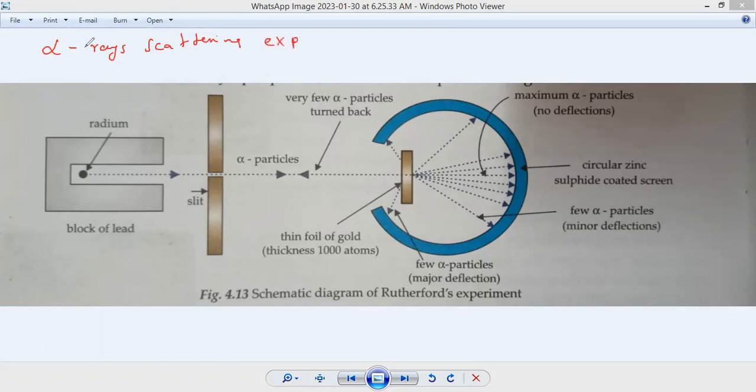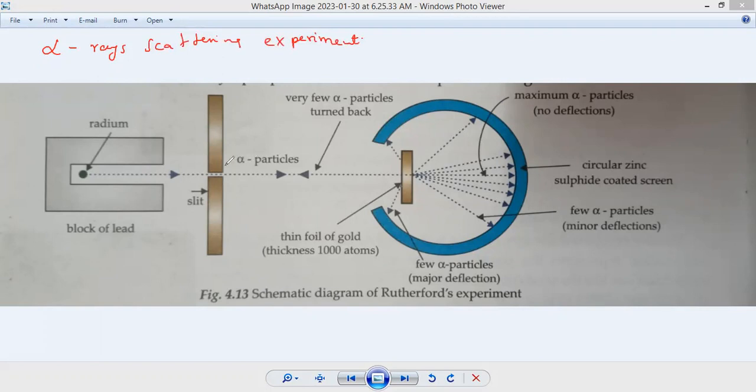Anyone having doubt, please kindly ask me. This is the most important one, because they will surely ask it in exams, even in higher classes. So this is the experimental setup he made.